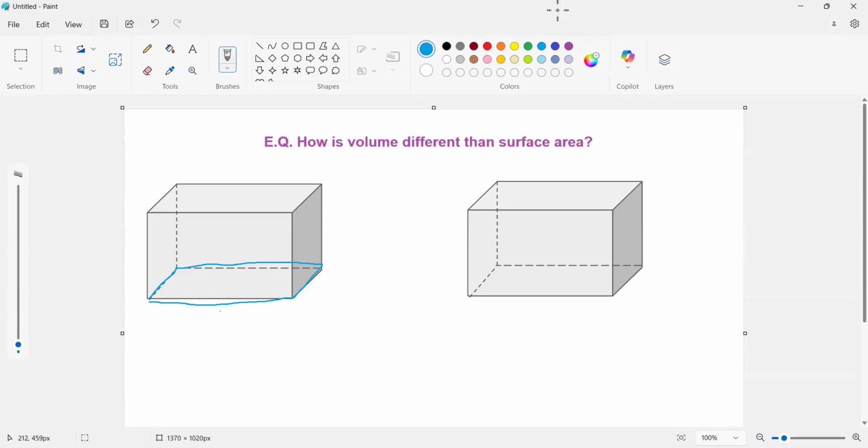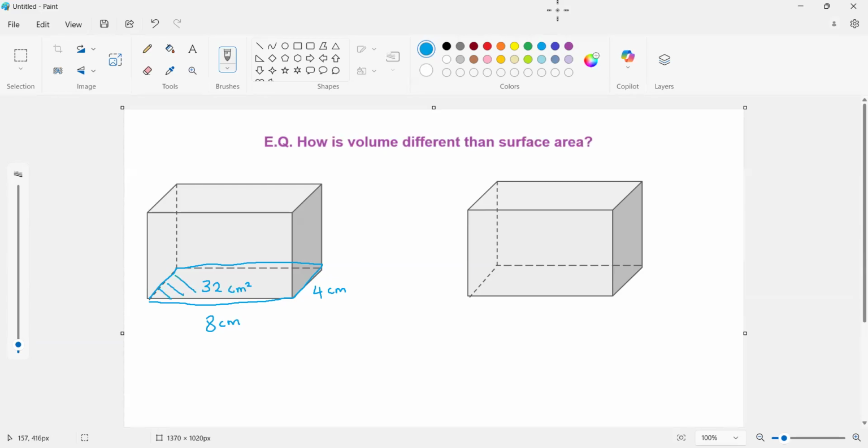For example, let's say that the dimensions of this base is 8 by 4. So the base of this prism is 32 centimeters, or inches. Let's go with centimeters. So it would be 32 centimeters squared.